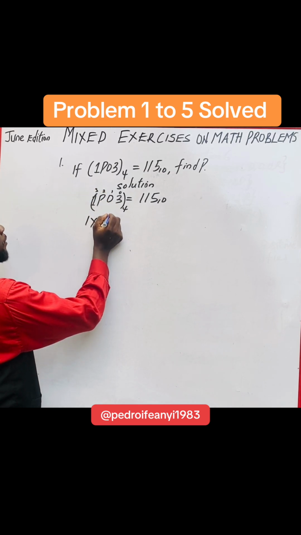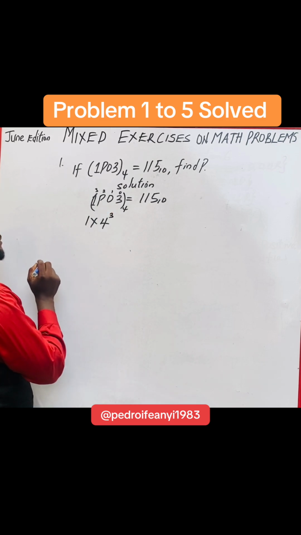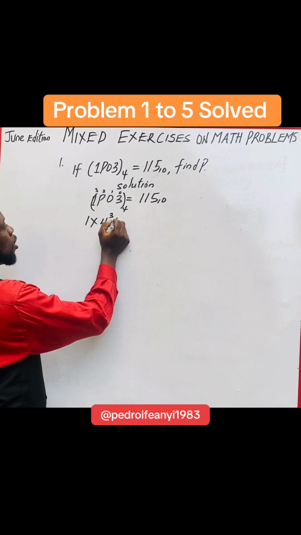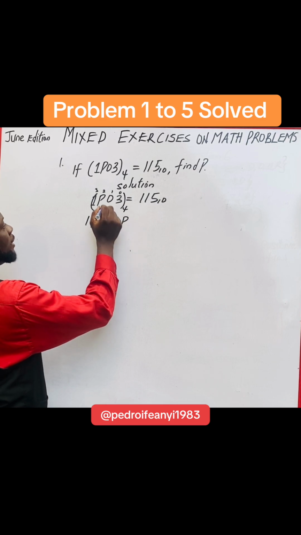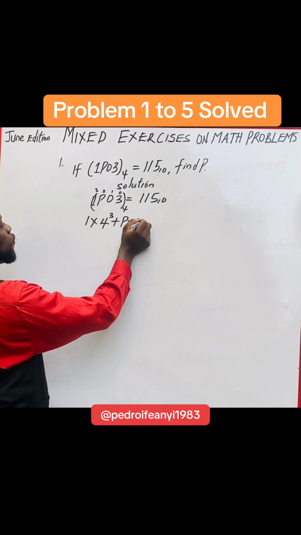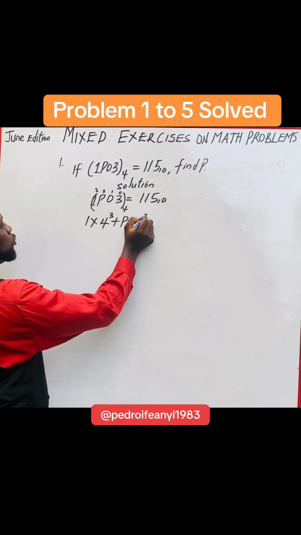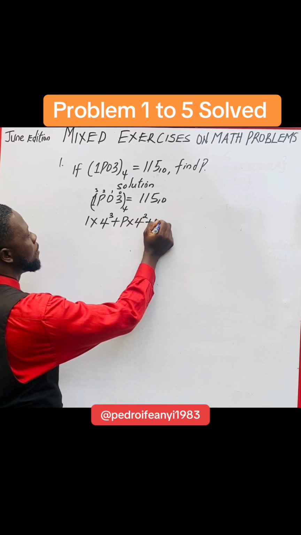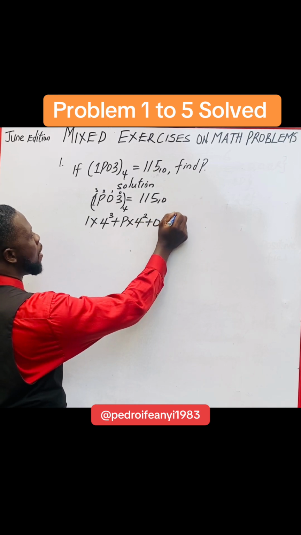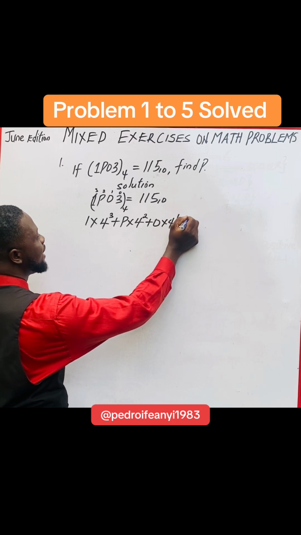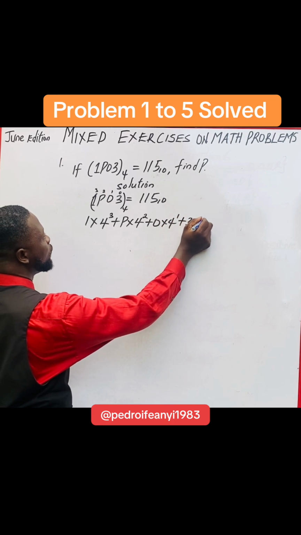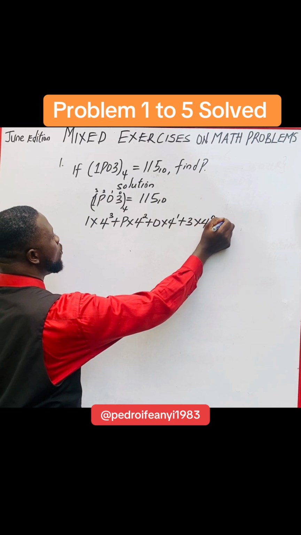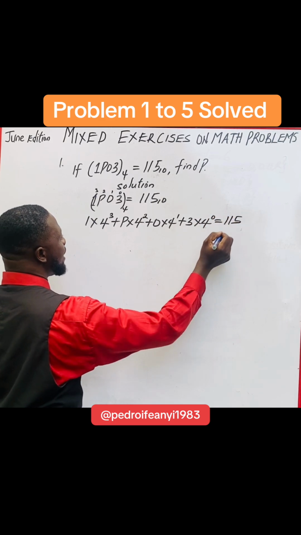In base 4, the first number is 1 times 4 to the power 3, plus P times 4 to the power 2, plus 0 times 4 to the power 1, plus 3 times 4 to the power 0, equals 115.